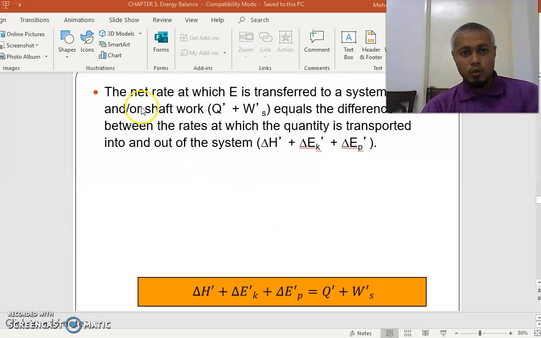So what we have here is the net rate at which energy is transferred to the system as heat and/or shaft work, Q plus Ws, equals the difference between the rates at which the quantity is transported into and out of the system, which is delta H, delta EK, and delta EP. That's why we have this formula. Now we proceed to the next part.